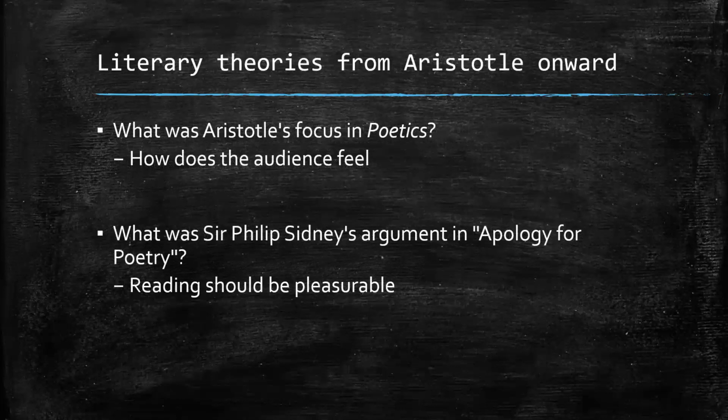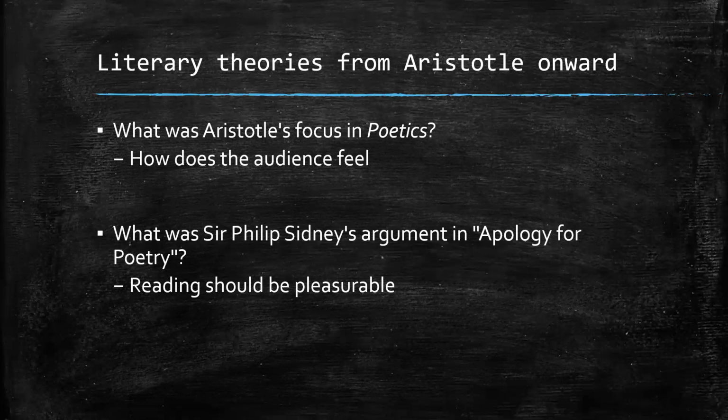Literary theories, however, have a much longer history, and Berry quickly goes through some key moments, starting with Aristotle's Poetics. Aristotle wrote about the audience's experience of drama, how they experienced tragedies versus comedies when they went to the theater.